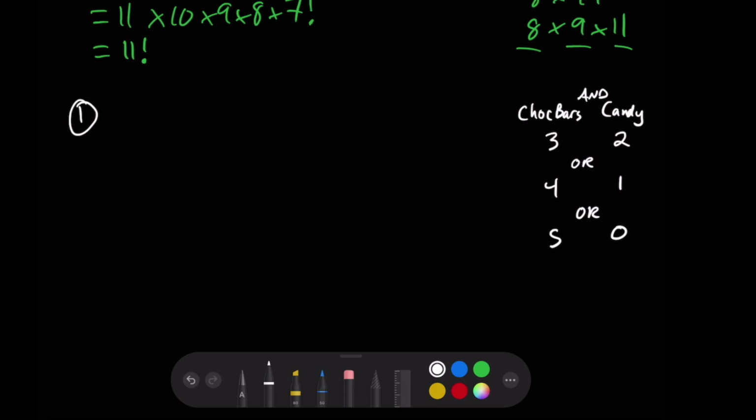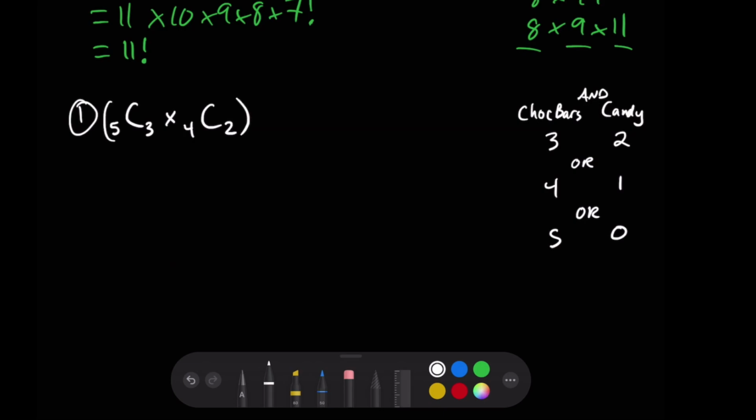So what's that going to look like? How are we going to find this? Well, basically there's 2 things going on here. First is the and, chocolate bars and candy. So let's see how to find my number of chocolate bars. I'm going to have how many chocolate bars to choose from? 5. And I'm going to choose 3 of them. And 2 candies. Anytime I see and, it's product rule, so I'm going to multiply. And that's going to be, how many candies do I have to choose from? Well, the question said 4. Choose 2.